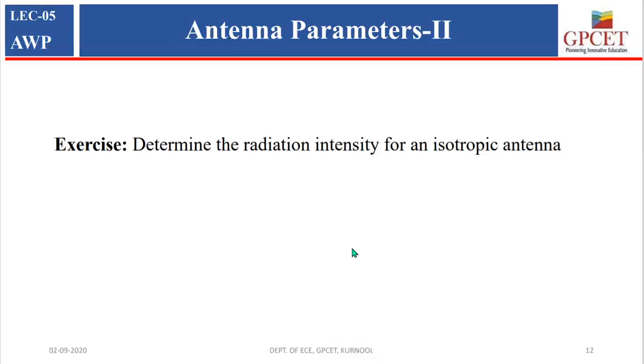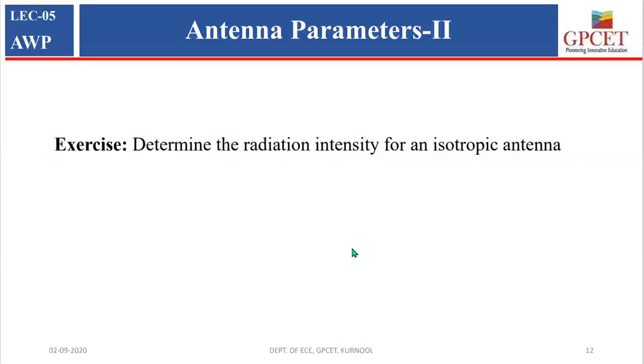The question is, determine the radiation intensity for an isotropic antenna. You know the definition of the radiation intensity. Radiation intensity U is equal to R square into W suffix RAD, where RAD indicates radiation power density. Now we calculate the radiation intensity U for an isotropic antenna.